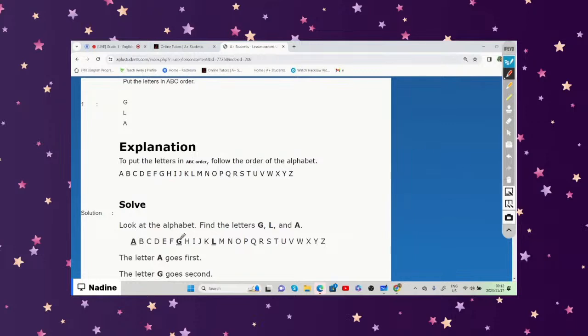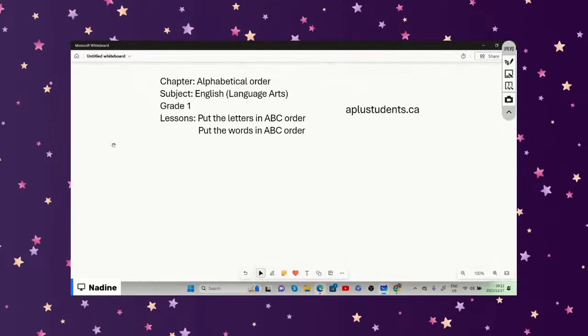So if we put the letters in order, that is now specifically in the order of the alphabet, and we are going to start with A. So we start with A, and it is capitalized.